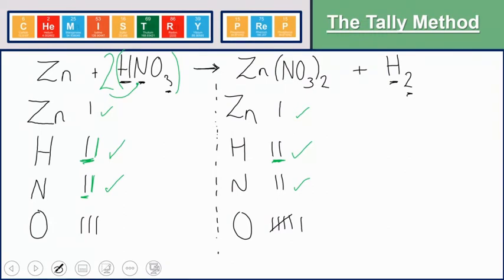And I did have 3 oxygens before, but now I've got 3 here times by the 2 here, so that would be 6. So 1, 2, 3, 4, 5, 6 in total. Oh, 6, 6, boom, boom. Okay, so people often get a little bit worried when it comes to the brackets, but actually, they're not that bad after all.